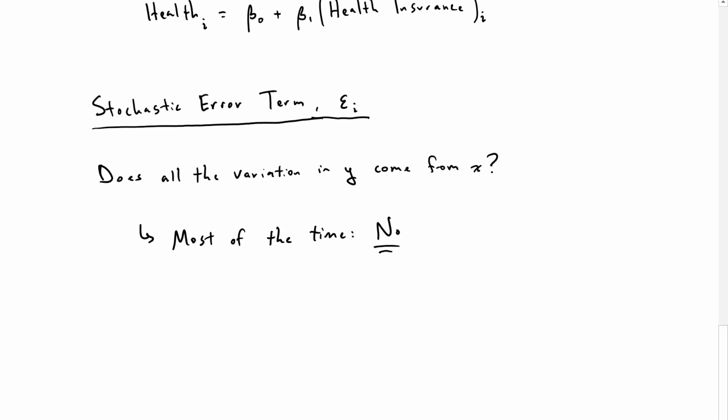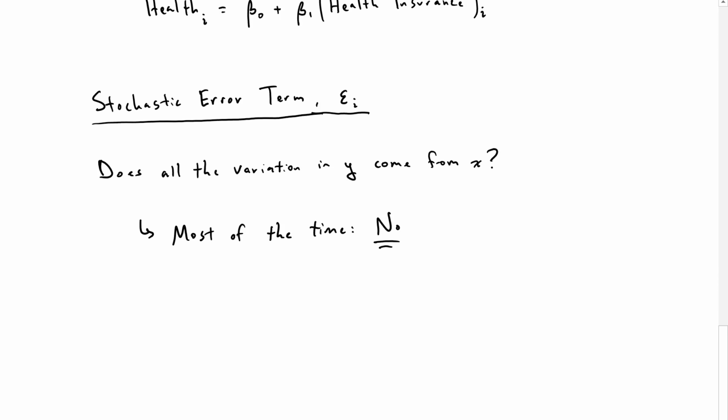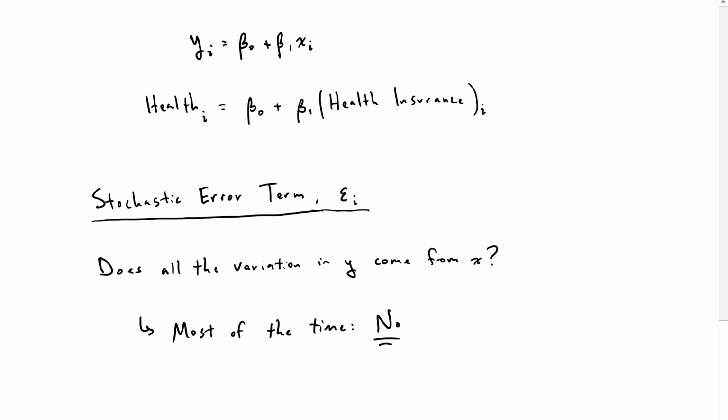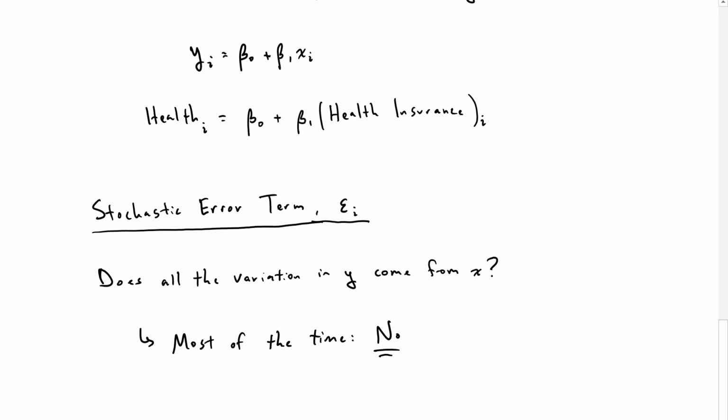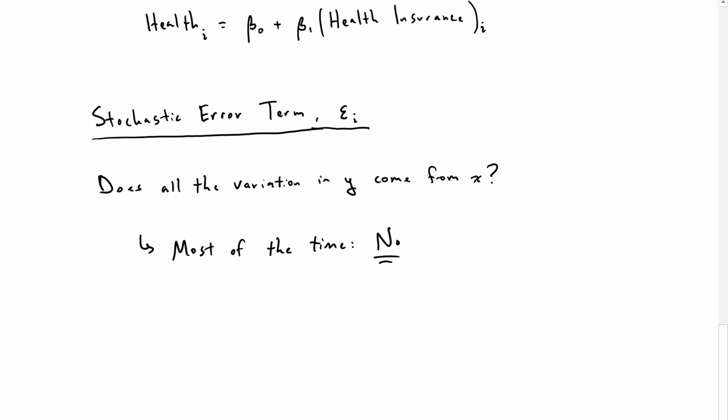So we could add more x variables, but health is a factor of whether or not I have health insurance, my number of hours exercised per week, and number of calories I intake. But even if I add more x variables, there's still going to be some randomness in my health.